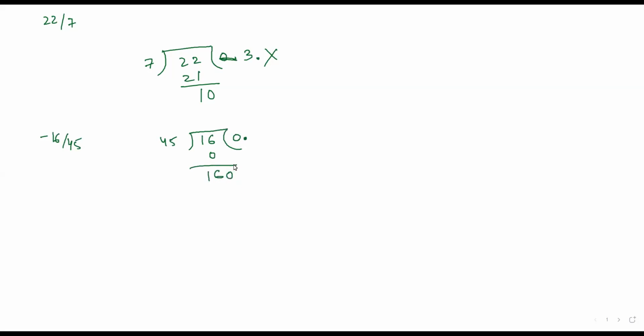Now how many times will it go? Let us check 45 into 5. 5 into 5 is 25, 5 into 4 is 20 and 22. So it is greater. Let me check 4 times. 4 into 4 is 16 and 76. This is again greater. So 3 times will go. 3, 9, 12, 129. So 3 times 129, correct? 10 minus 9 is 1.